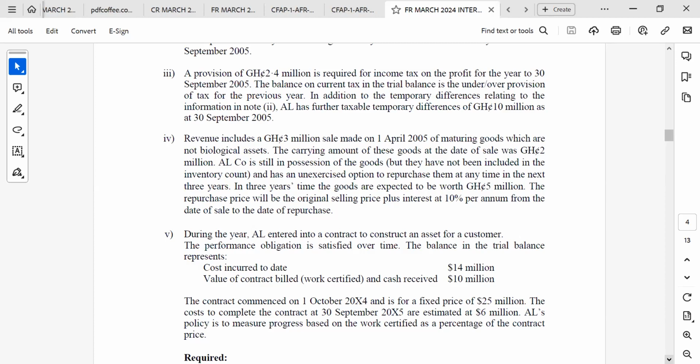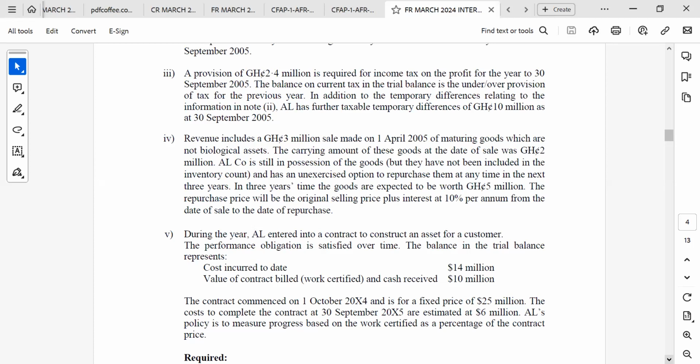The only thing that is going to affect revenue in the statement is always the IFRS 15. And you can see issues like maybe a sale of manufactured goods and the company is still in possession of the item. The company cannot recognize revenue on that particular transaction. So they should reverse the transaction and still keep the inventory as their own inventory.